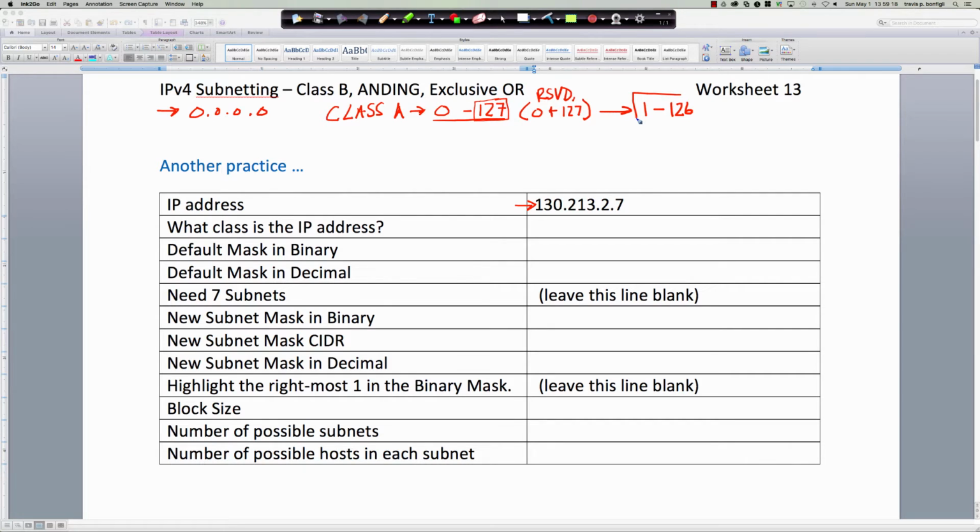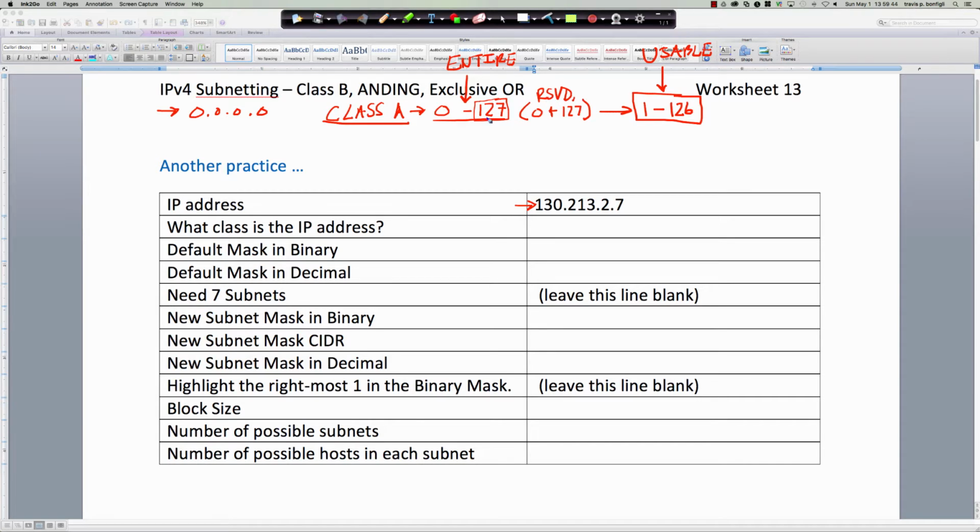And we kind of talked about this before, in some texts you'll see this 1 to 126 when they say what is the range of Class A addresses. And then other times you'll see 0 to 127. So keep in mind that this would be the usable range, and this is the entire range, right?